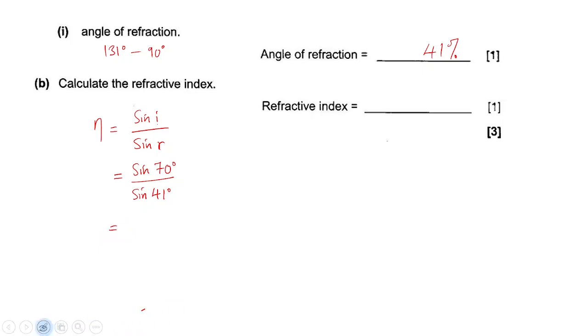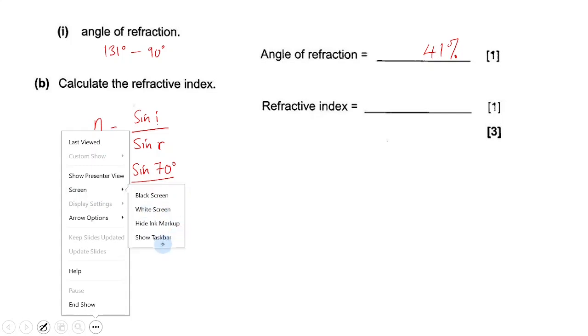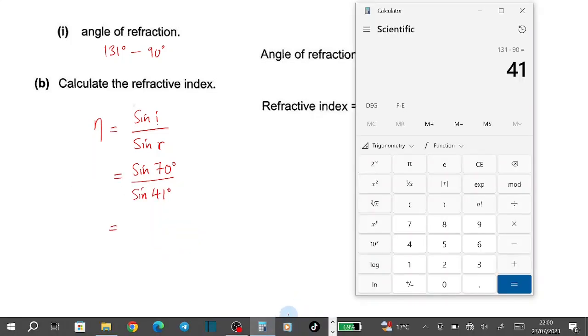So what we are going to do, we'll get our calculator. I'll just do it at once so that I don't waste much time. I say open brackets, 70, then sine, then close brackets.